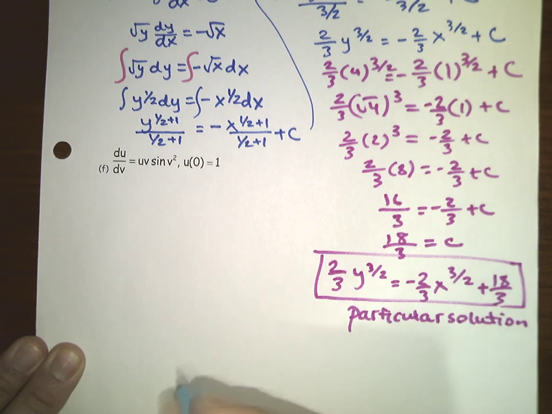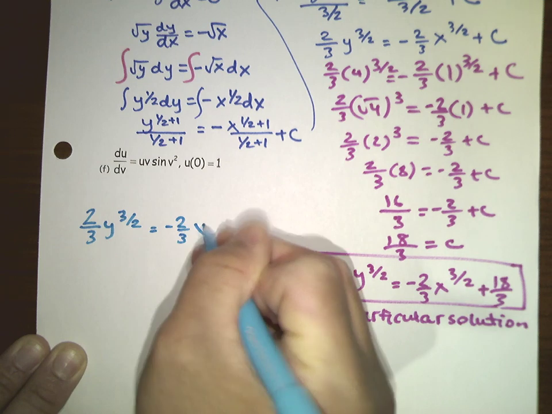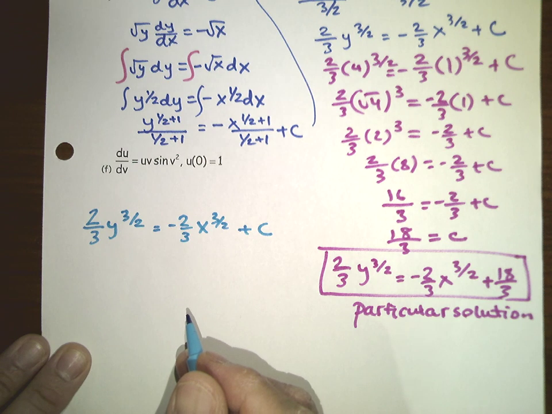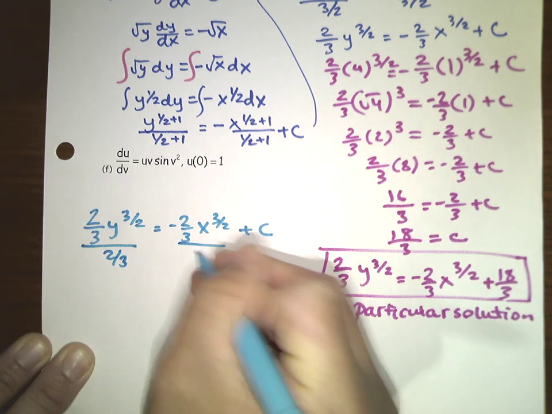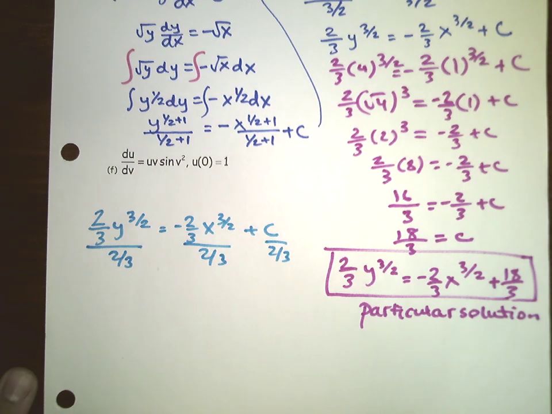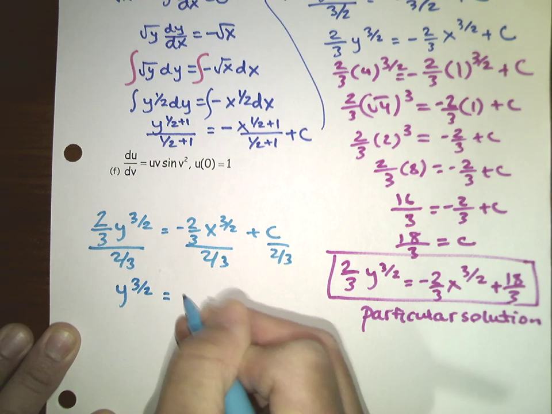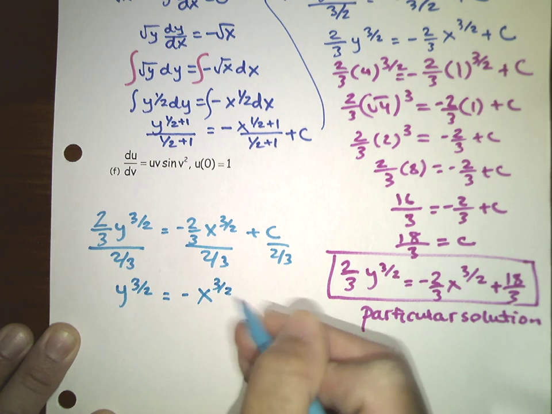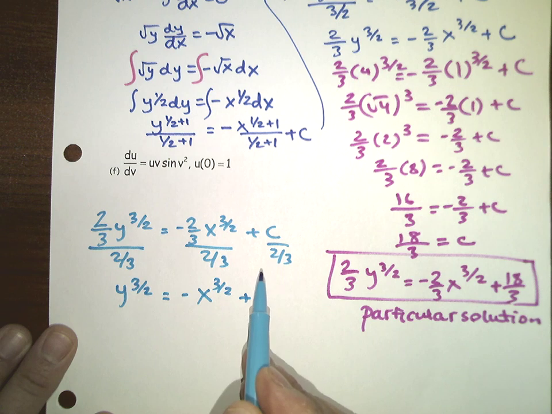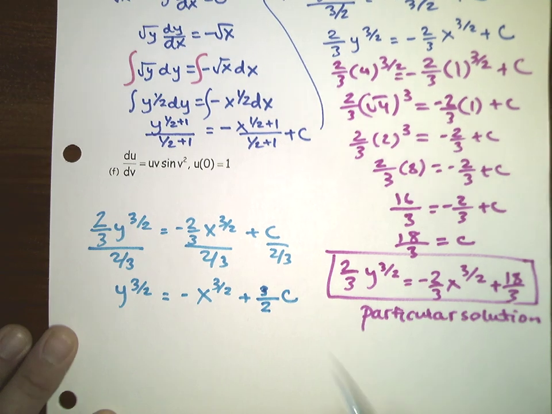So if I look at the 2/3 y to the 3 halves equals negative 2/3 x to the 3 halves plus c, and I look at all these fractions and I really don't want to deal with them, I could just divide these all by 2/3, and then what I see here is that I have y to the 3 halves equals negative x to the 3 halves plus, and then this could be 3 halves c.